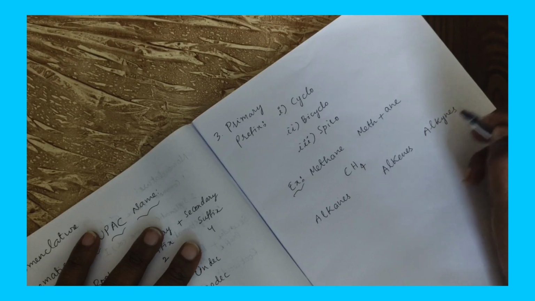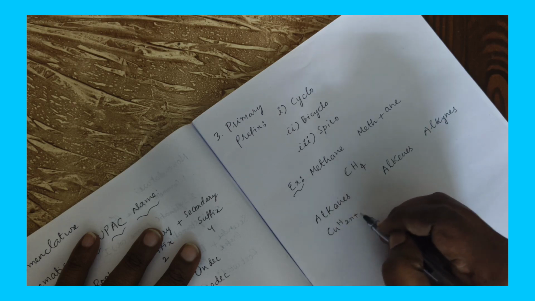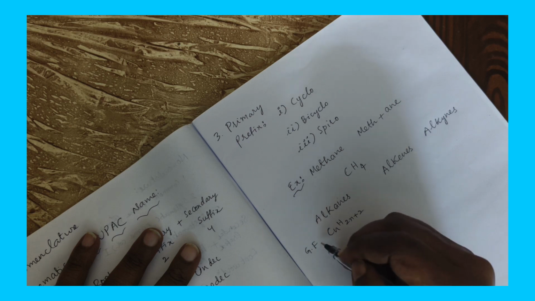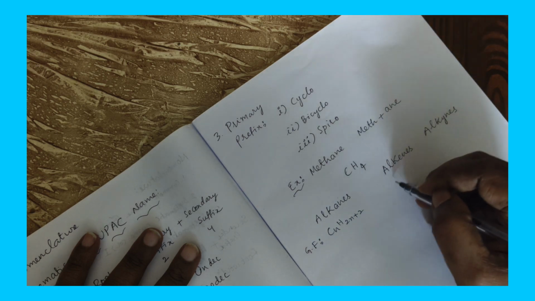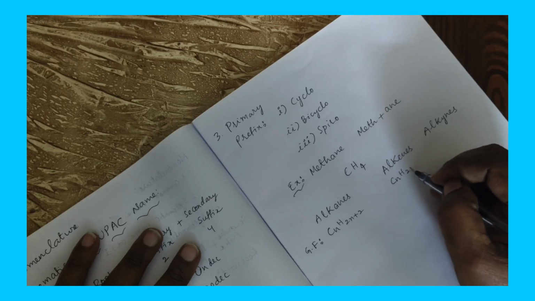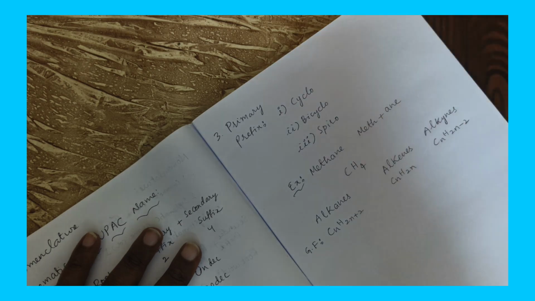The general formula, GF, for alkanes is CnH2n+2, for alkenes is CnH2n, and for alkynes is CnH2n-2.